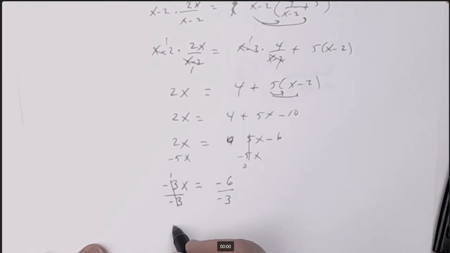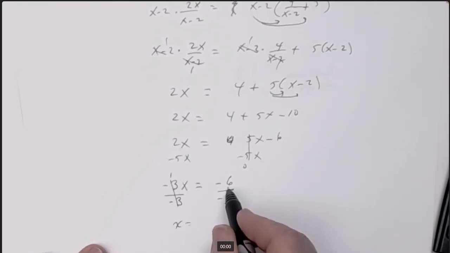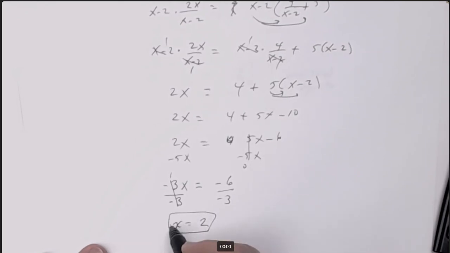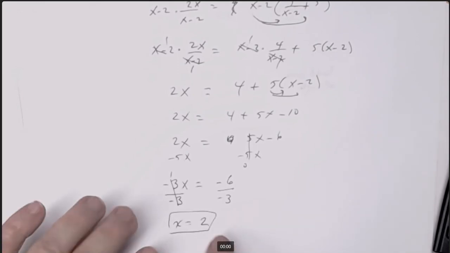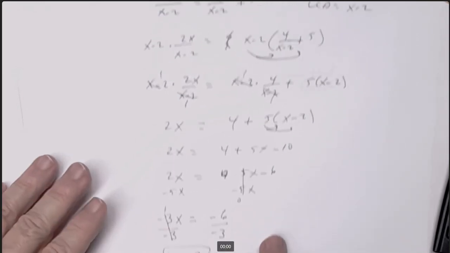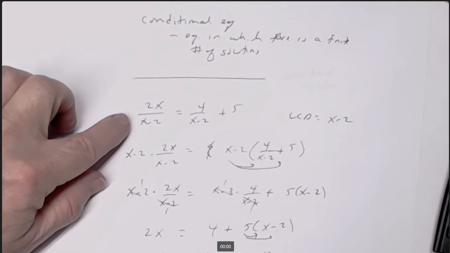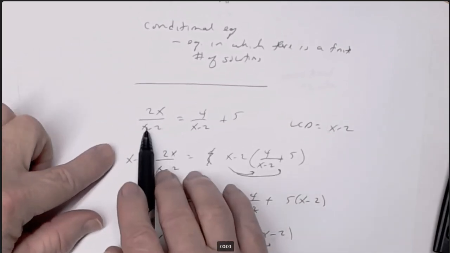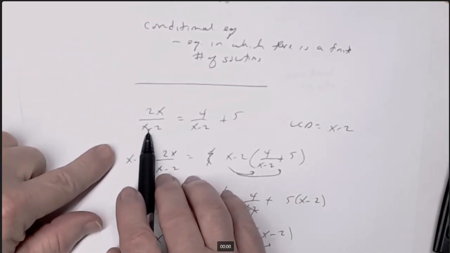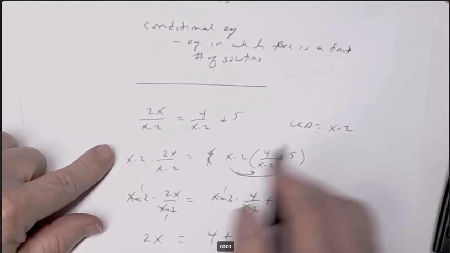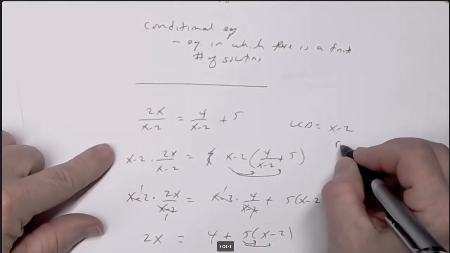Okay, now we have to be careful. So right here, when we go back to the original problem, you had a denominator with a variable in it. So you have to think about restrictions. So the restrictions are these.